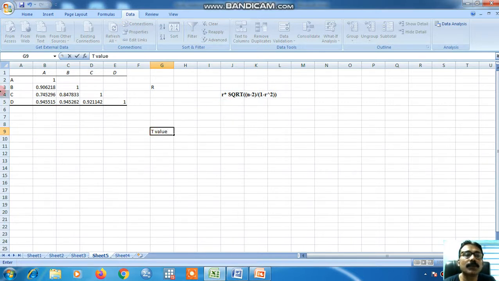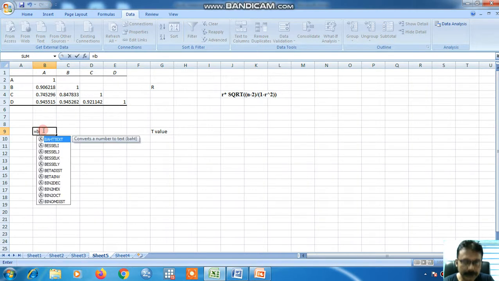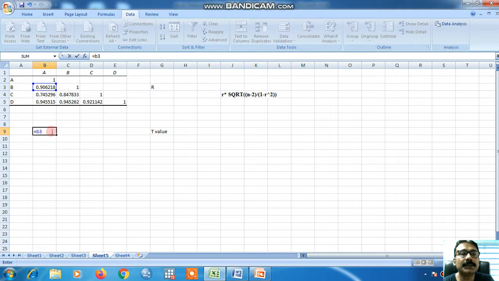Go to R, any value of R. Suppose I am starting here, R means this is B3. So this equals B3 into square root, just type SQ and it will automatically come on the screen, square root of n minus 2.